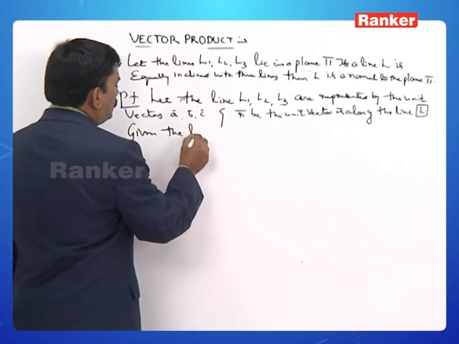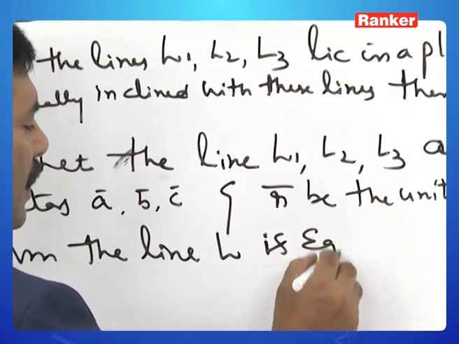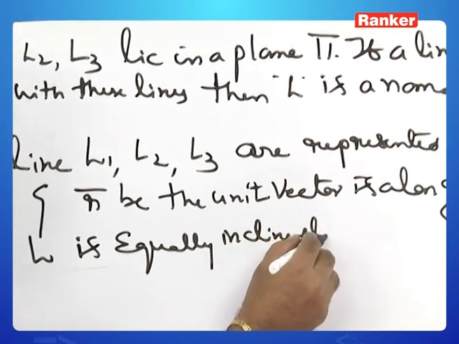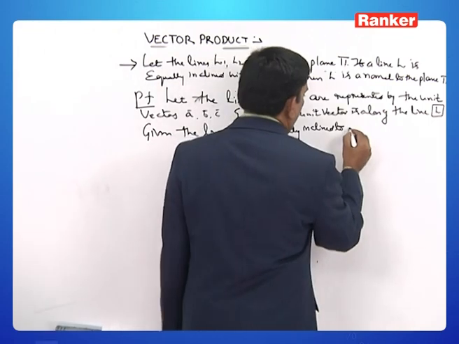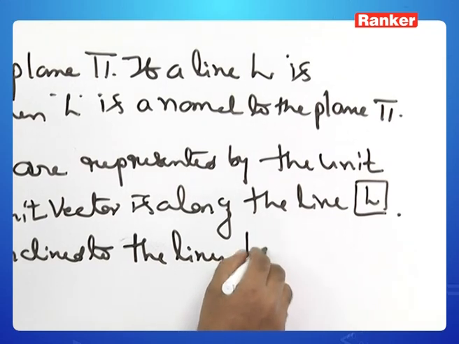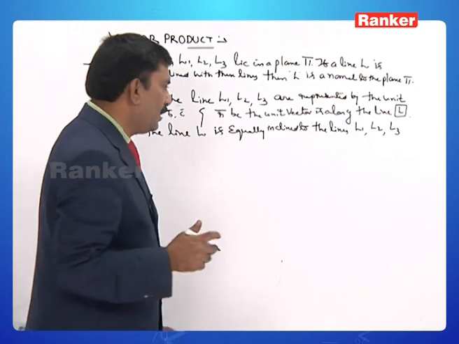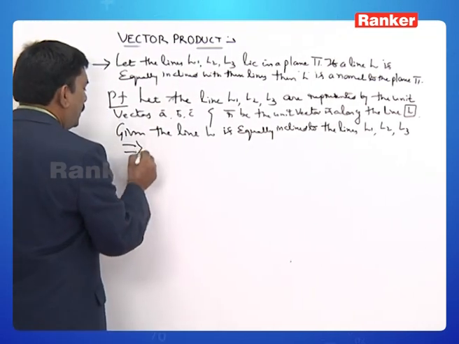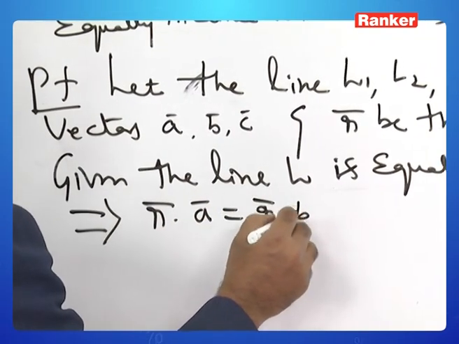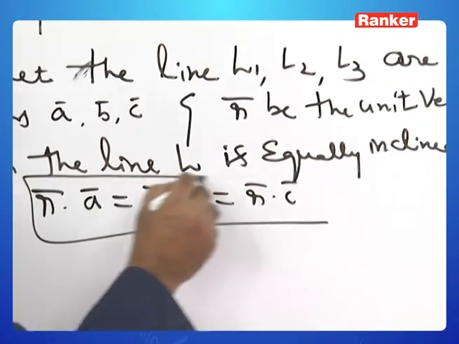The line L is equally inclined to the lines L1, L2, L3, which implies the angle between R bar and A bar is equal to the angle between R bar and B bar, and the angle between R bar and C bar is equal.